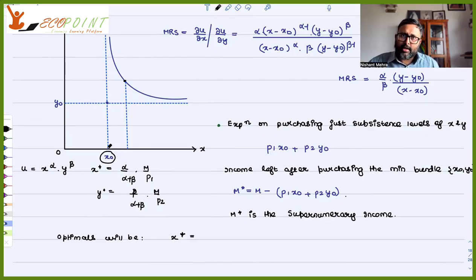You don't have a choice in that. So X naught is there in that. And then you have a choice of spending your M star in whichever way. So M star is your free income. Free income in the sense your income or disposable income, which you can spend in any way you like. After you have purchased the subsistence amount of X and Y, you have a choice of spending this income in whichever way you like. So it is very much like this only in your normal Cobb-Douglas function.